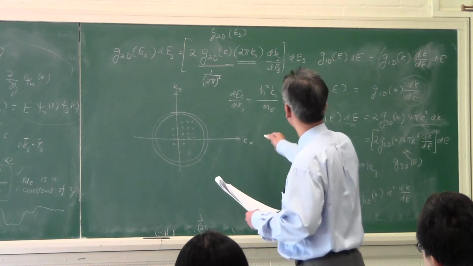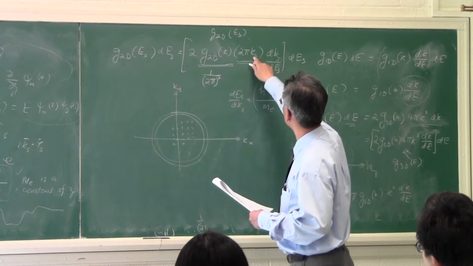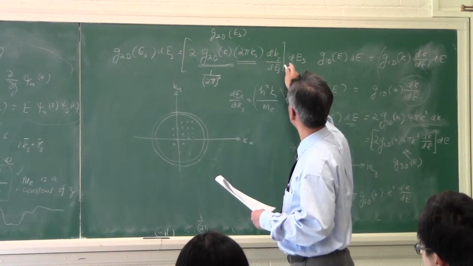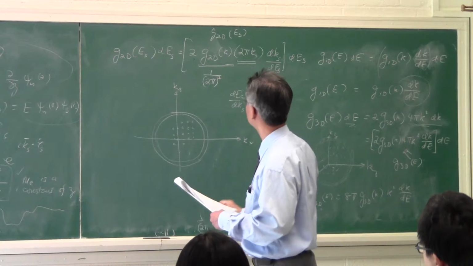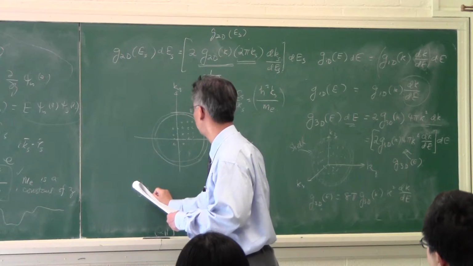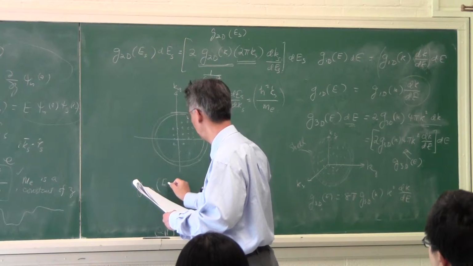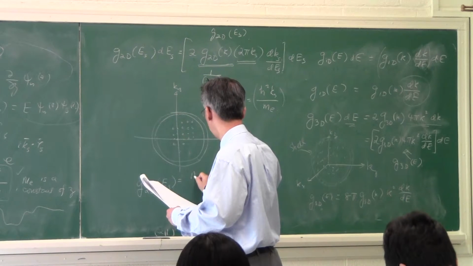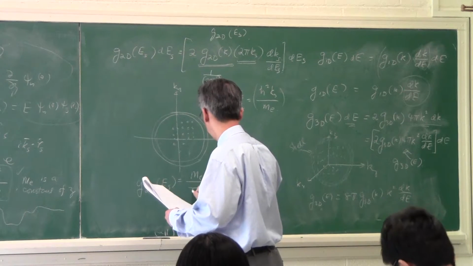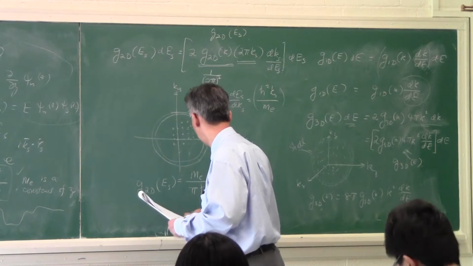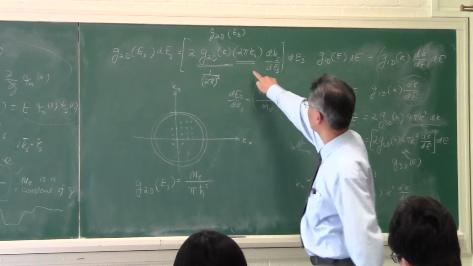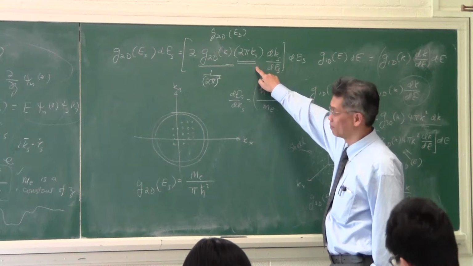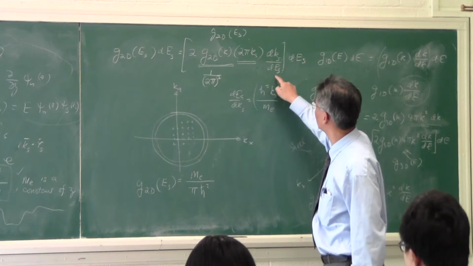This ks cancels with that ks. This is a constant, and there's no more ks dependence. So finally, the 2D density of states as a function of Es is equal to m_e over pi h bar squared.